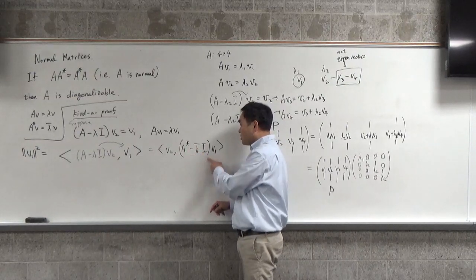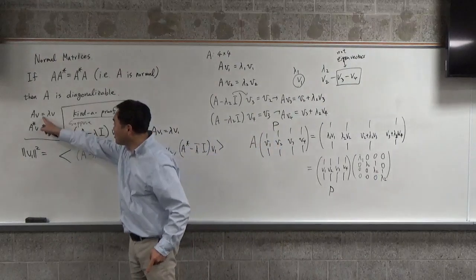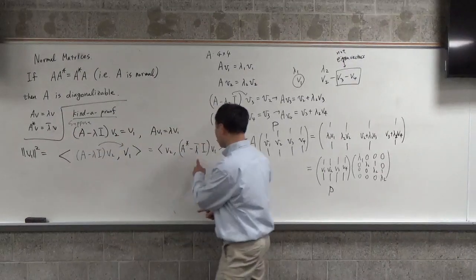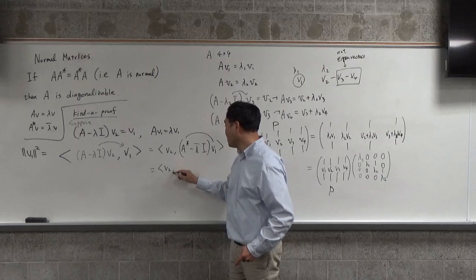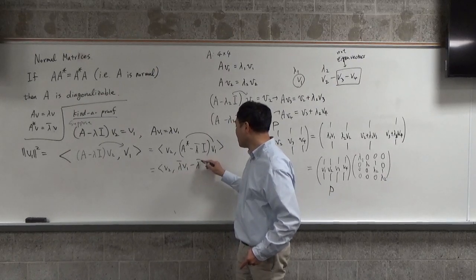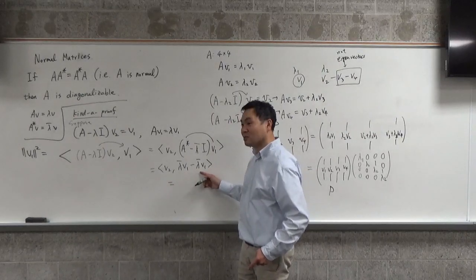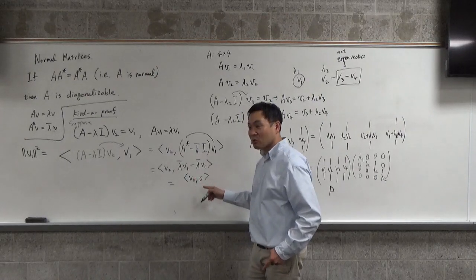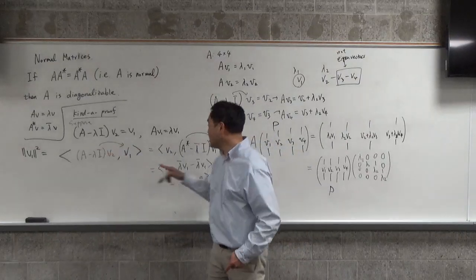But wait, what is this? We just said that if this is true and it's normal, then this is true, right? So if I multiply these two, it's going to be lambda bar V1 minus lambda bar V1, which is 0. Any vector with the inner product 0 is 0. Well, what does that mean? That means V1 is 0.